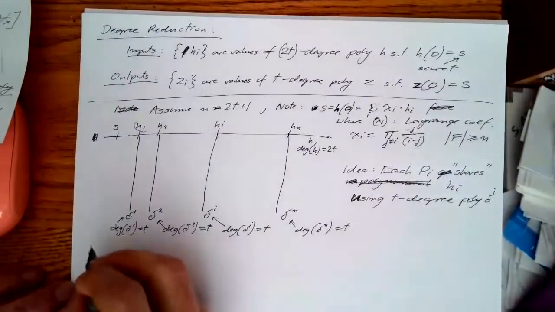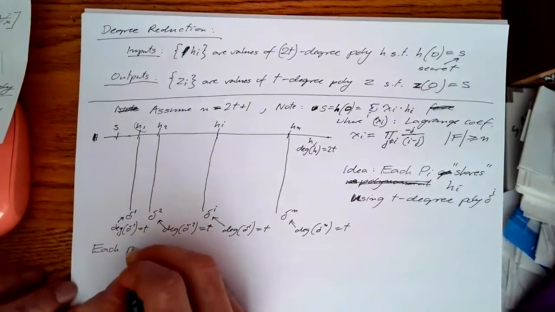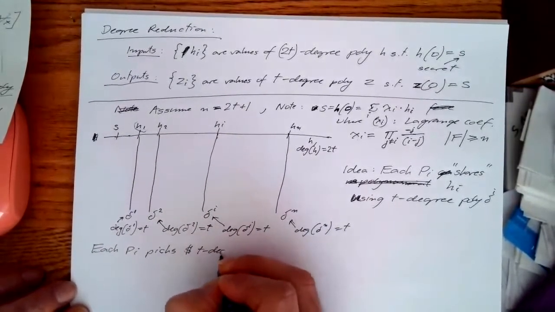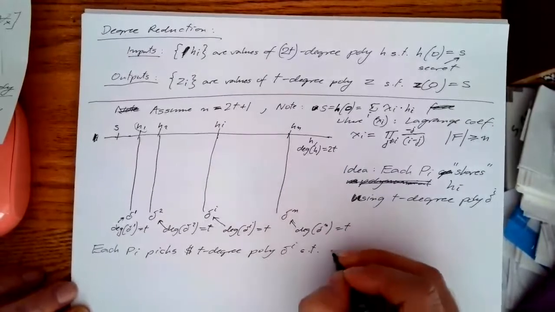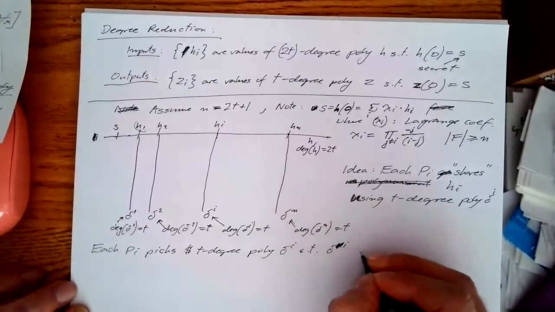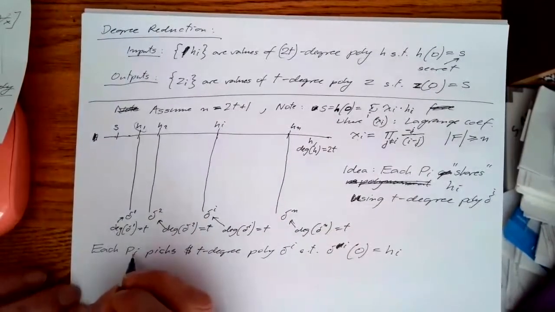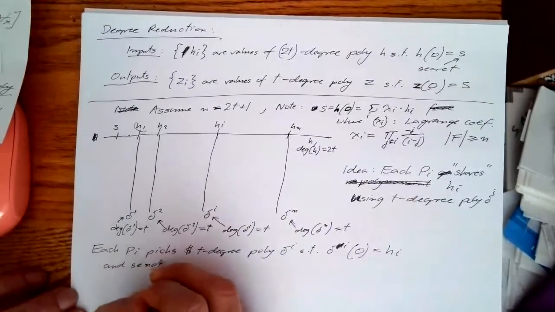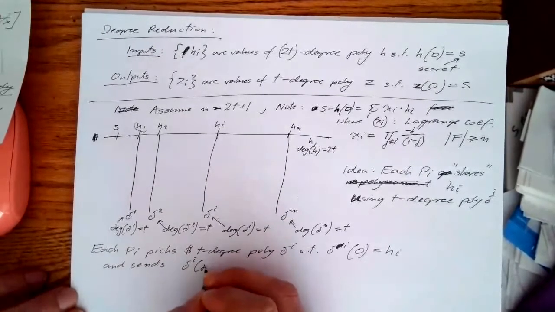Okay. So what's the protocol? Each Pi picks a random t-degree polynomial delta i, subject to the constraint that delta i at 0 is the share hi held by that player. Okay, and does what with it? And sends the value of this polynomial at point j.